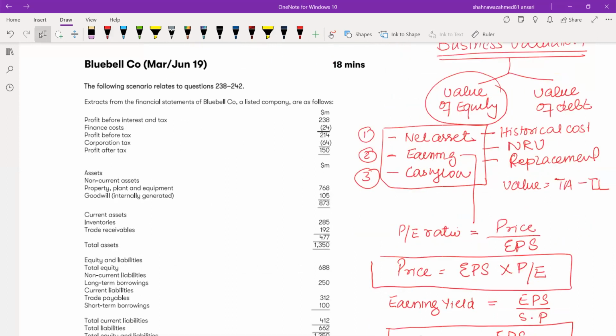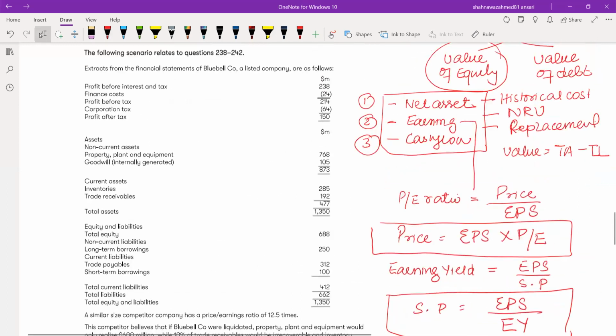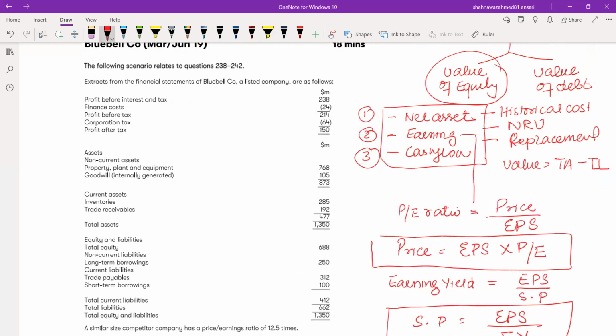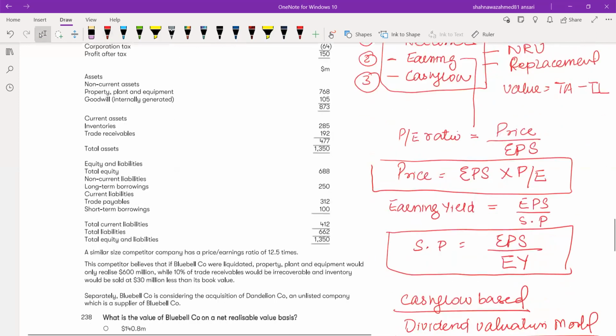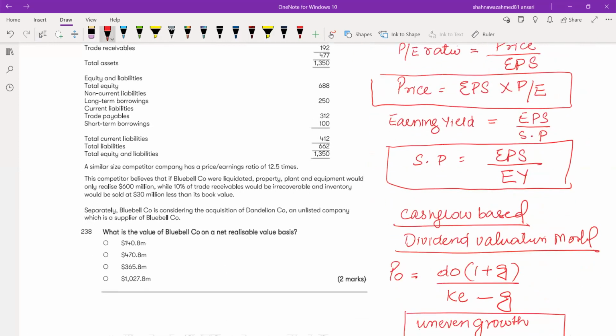The following question relates to question number 238 to 242. Extracts from the financial statement of Blue Bell, a listed company, are as follows. So we have profit before interest and tax, and then profit after tax, non-current assets, current assets, equity, and non-current liabilities. A similar size competitor company has a price to earning ratio of 12.5 times.